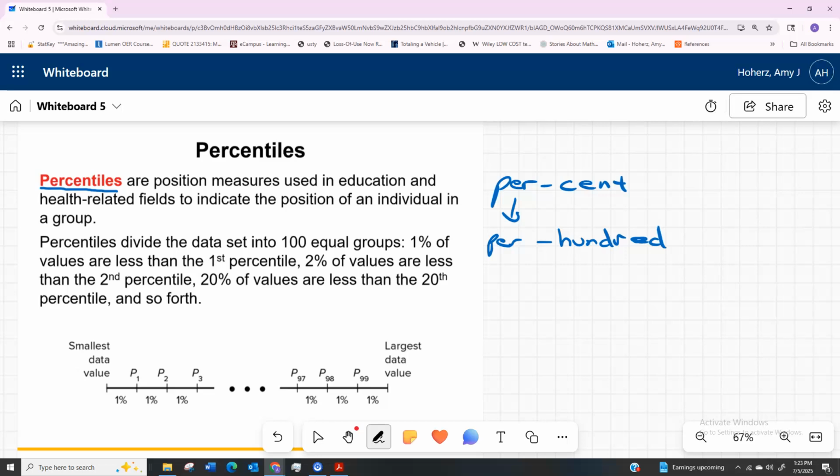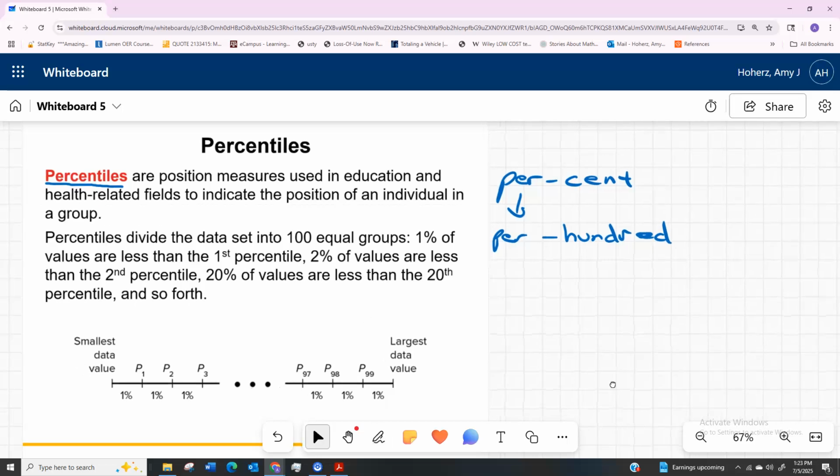So it divides the data set into 100 equal groups. The smallest data value is the P0, so the very lowest score, and then the largest data value would be the P100. And anything in between, again, it would depend on what group of students fell within that range of data.